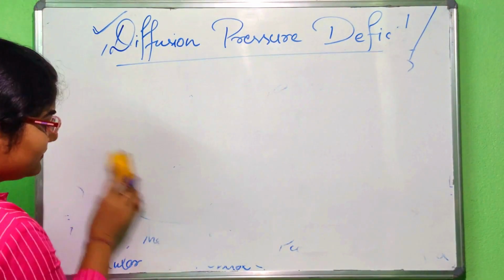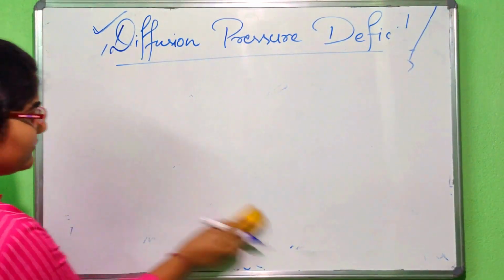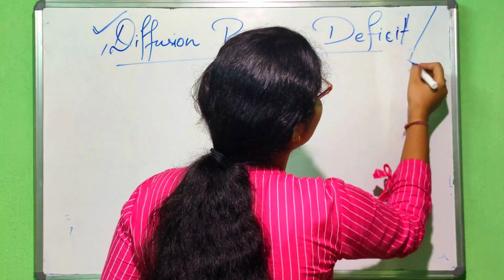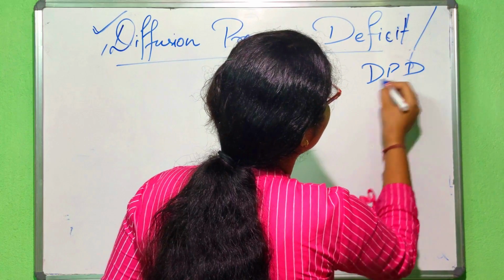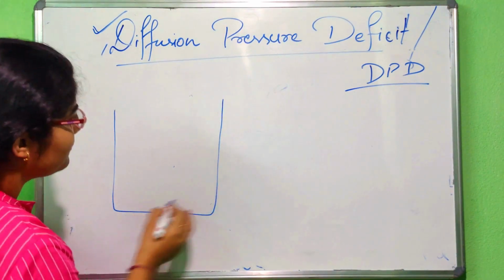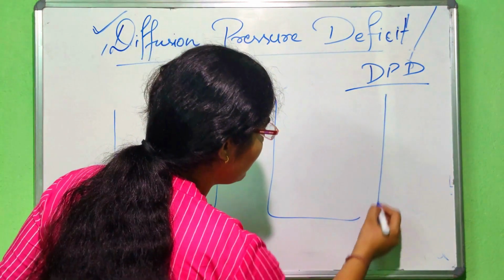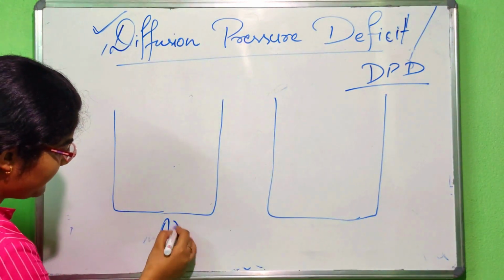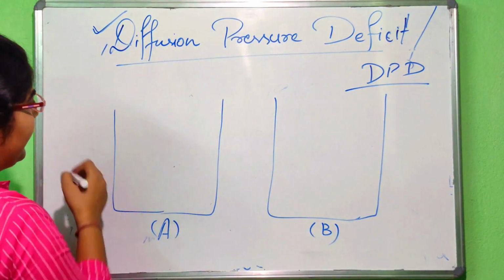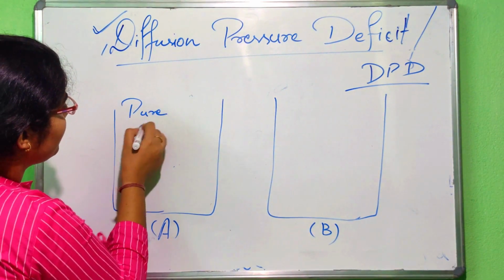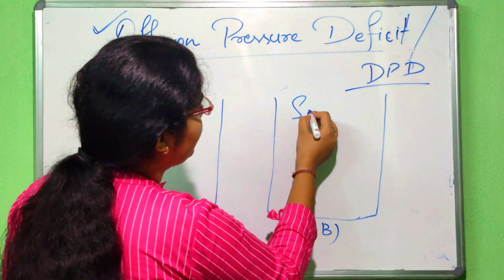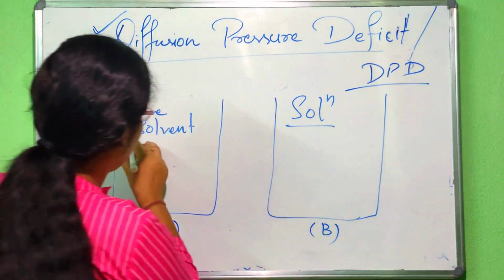Let's see an example. Suppose there are two compartments, compartment A and compartment B. In compartment A there is a pure solvent. In compartment B there is a solution.